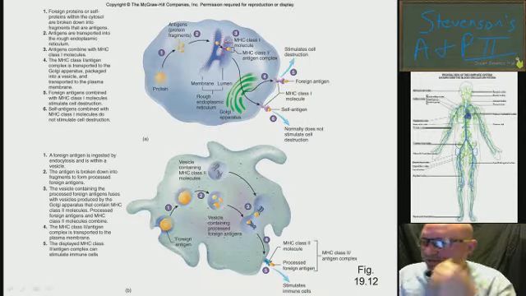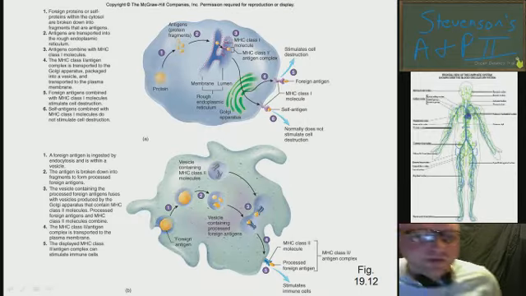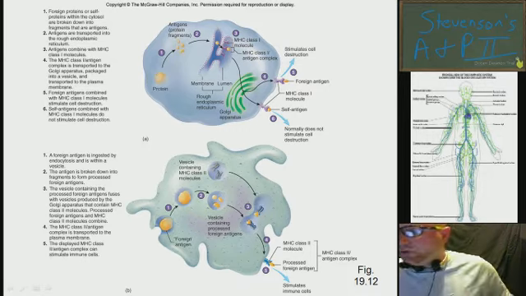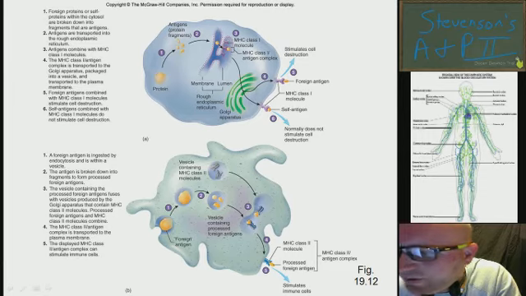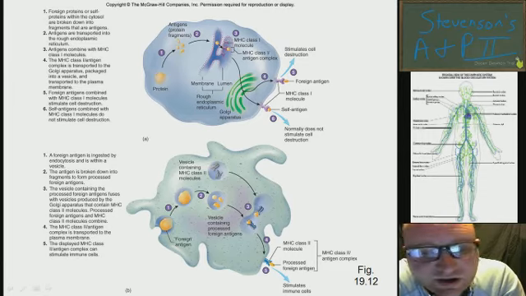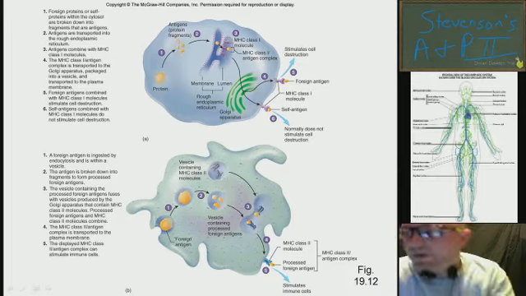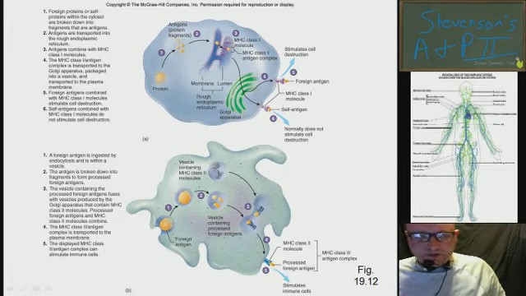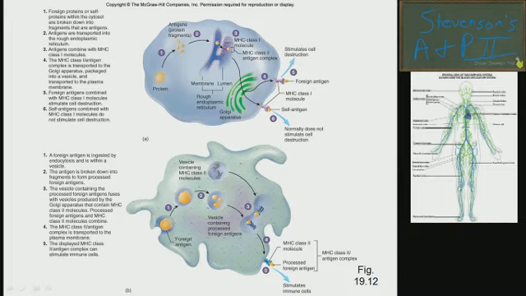Alright, so we see how this moves in different areas in the major histocompatibility complex. We've got foreign proteins or self-proteins within the cytosol, or the cytoplasm, broken down into fragments that are antigens, and these antigens are transported into the rough endoplasmic reticulum. From there we see that the antigens combine with the major histocompatibility complex 1 molecule, and an MHC class 1 antigen complex is transported to the Golgi apparatus and then kicked out, basically.